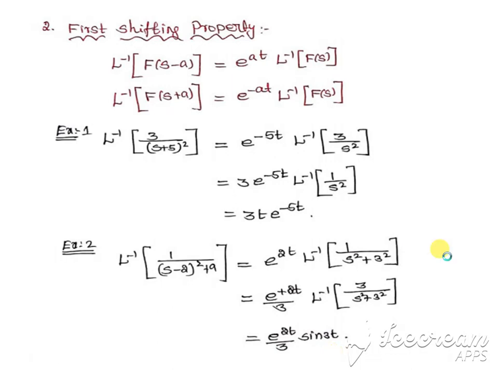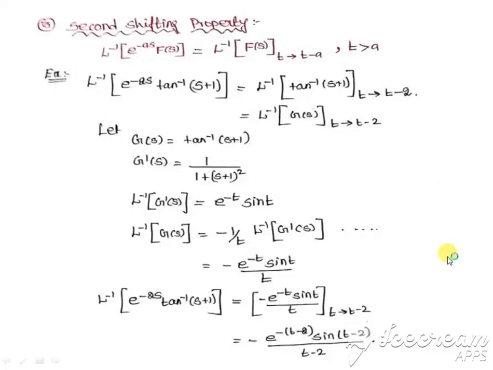Next, the third property. Third property, second shifting property: L inverse of e power minus a into f of s is equal to, first we simply take the inverse of f of s.